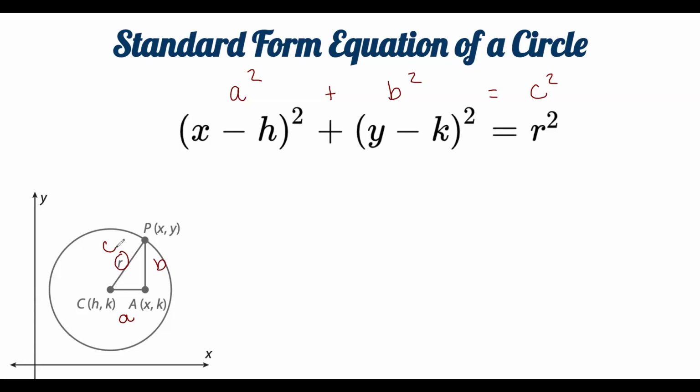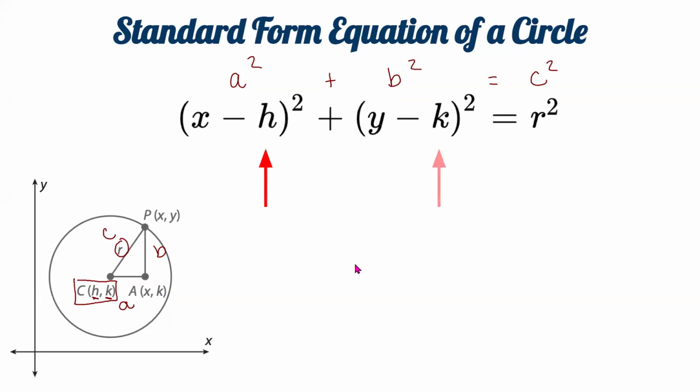Now, what is h, what is k, and what is r representing here? You can see the picture on the side, and you'll be able to identify that my center is what? My h and my k. So I'm going to write that down. Make a note, guys. My h is the x component of my beautiful center.